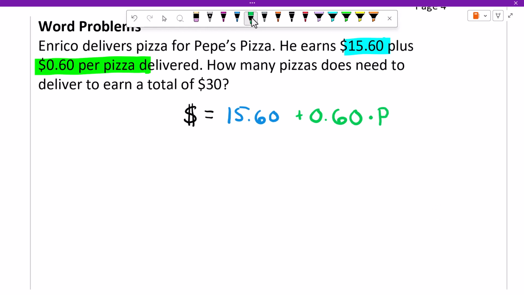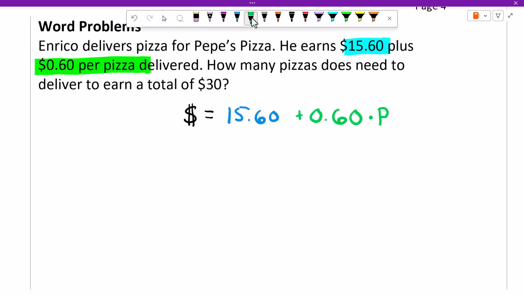Times, how about the letter P for number of pizzas? So avoid using x's everywhere. Use meaningful letters. So 1 pizza, 0.6 times 1, 60 cents; 2 pizzas, double that; 3 pizzas, triple that. You can put brackets there if you want, it's not necessary.